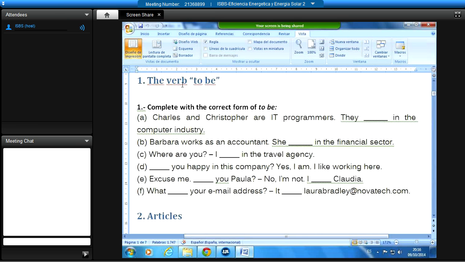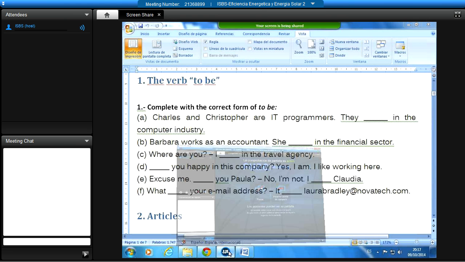Do you know the meaning of IT? IT is an acronym. Anybody knows? No? It means information technology. Like programmers, computing, okay?